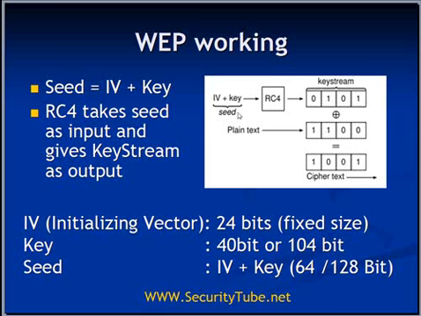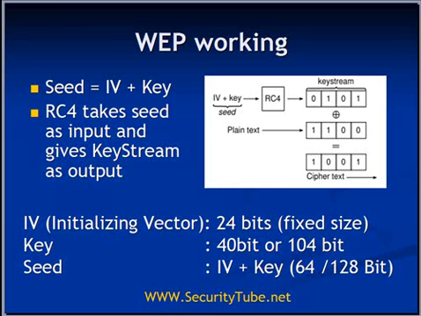The whole seed will be either 40 plus 24, that is 64 bits, or 104 plus 24, that is 128 bits. So the seed will be either 64 bits or 128 bits. The seed is IV plus key.